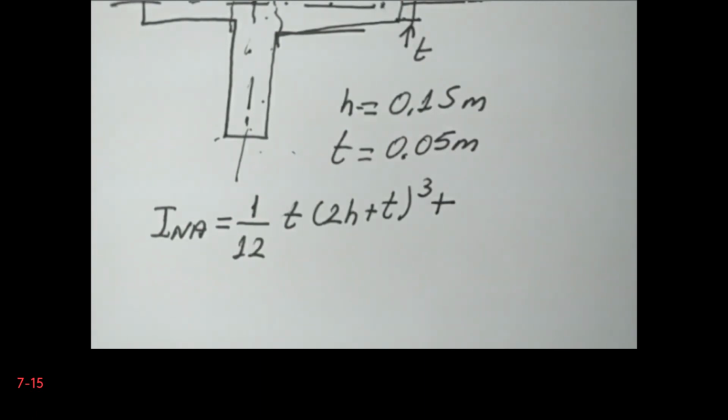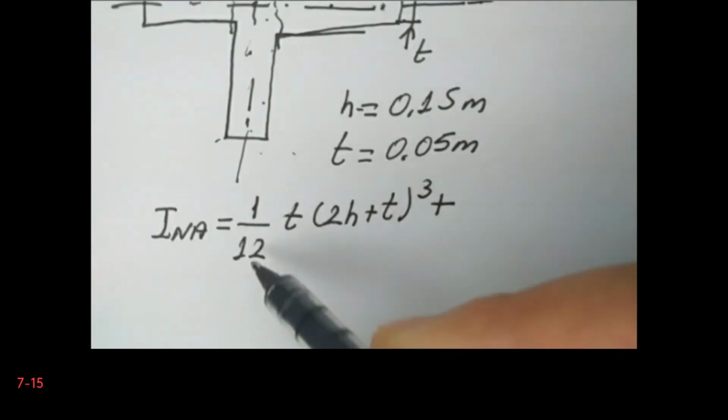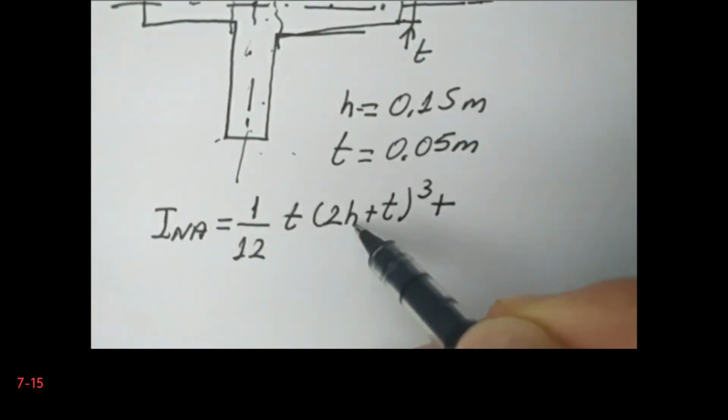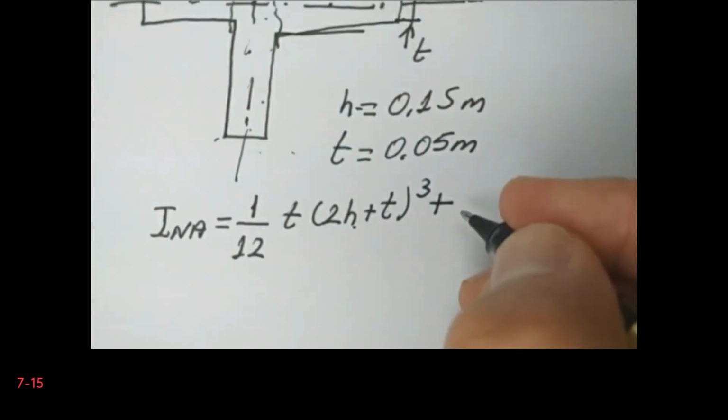So 1/12 t multiplied by (2h plus t) to the power cube, plus I have two rectangular parts on either side, one here and one here.